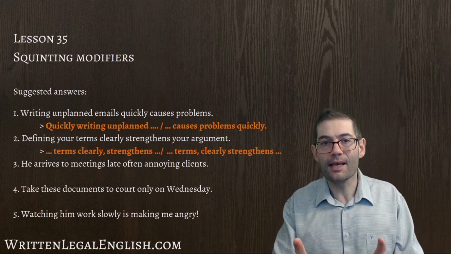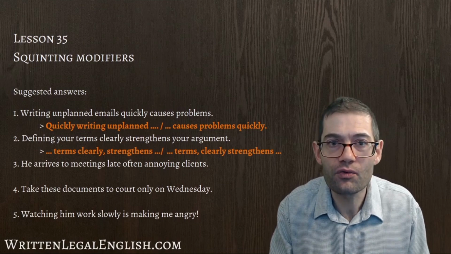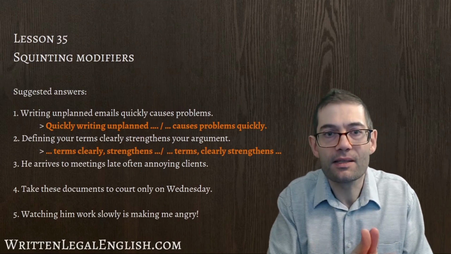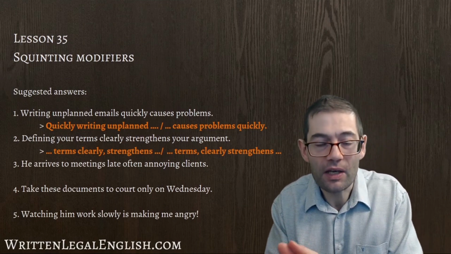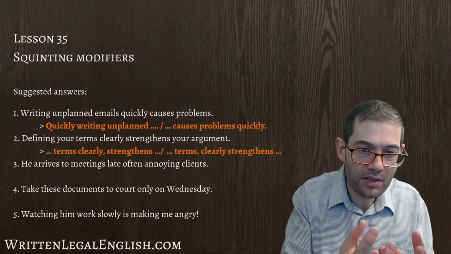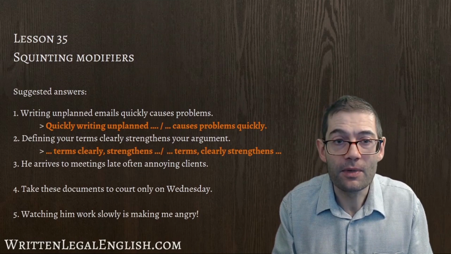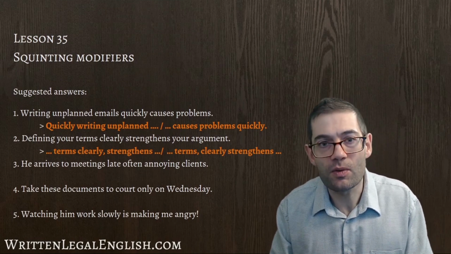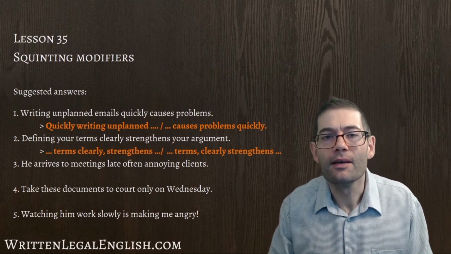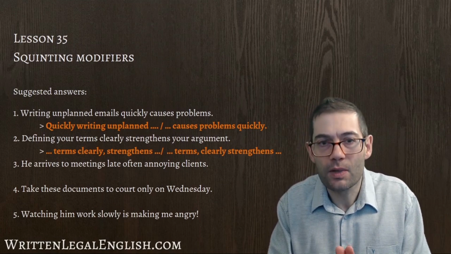And you can see here that I've chosen a different way to resolve the problem, and that is through the use of commas, because the comma divides up the sentence and then communicates to the reader how the language is grouped together, which part is grouped together, and then which part is grouped together with the adverb. So when people come across squinting modifiers, very often they think, okay, if I put a comma in, then the problem goes away. That's not the solution I would always recommend.